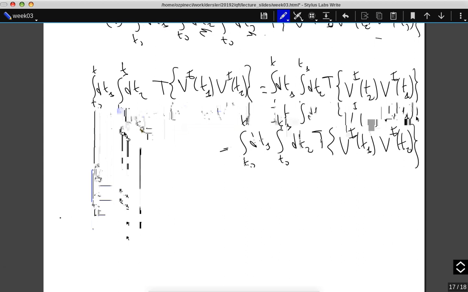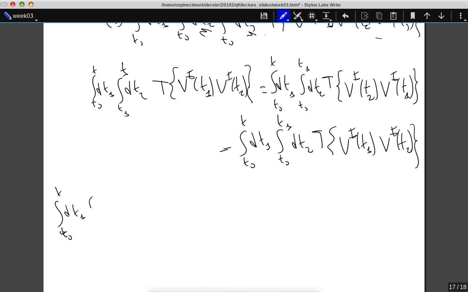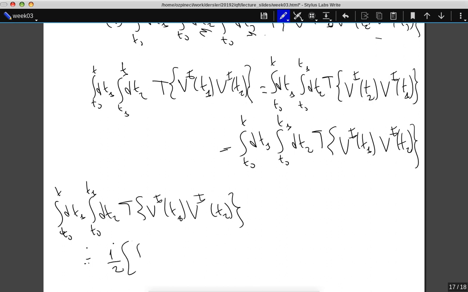Well, what does that give me? So what we actually have is this one. This is what we actually have. But so we have this one, t0 to t dt1, t0 to t1 dt2, this time ordered product, plus, well, let me just add the term from t1 to t. Well, in fact, let me just add the same term.